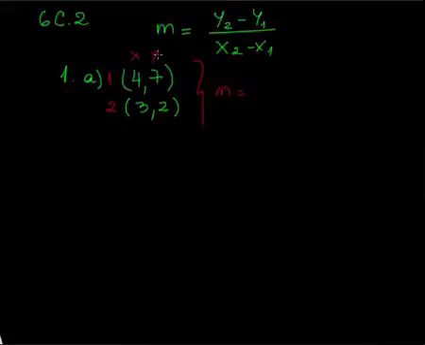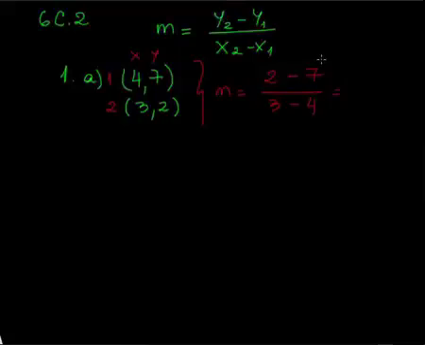So y2, that's my y number 2, so it's 2, minus y1, that is 7, and here we have our point number 1, so y1 is 7. No problem with the signs, we don't have any issue here. We're going to do another one with signs, and here x2, that's 3, and x1 is 4, so minus 4.